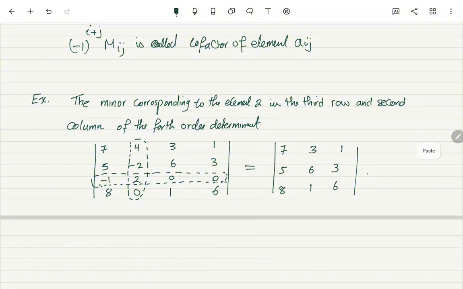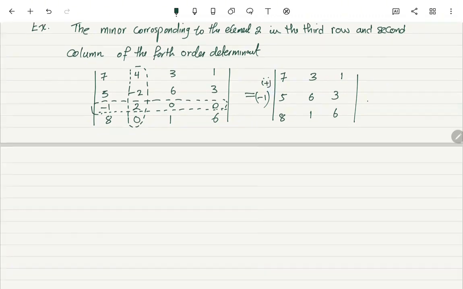And to find the cofactor in this case here, just place in front of this determinant minus 1 to the power i plus j. Now remember, third row, so i is equal to 3, and second column, j equal to 2.